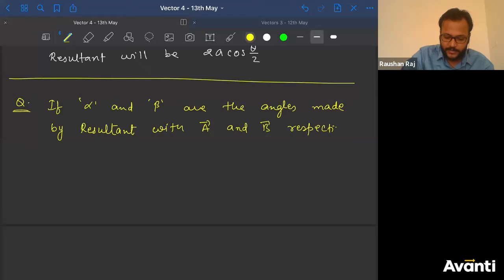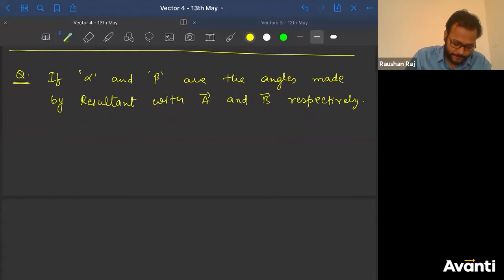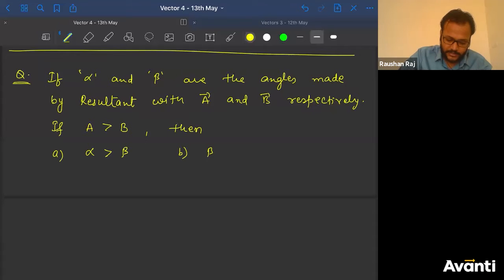So carefully, what is the first statement saying? That alpha and beta are the angles made by the resultant with vector A and vector B. Then the question is: if A is greater than B, meaning the magnitude of vector A is greater than the magnitude of vector B, then the options are: alpha is greater than beta, beta is greater than alpha, alpha is equal to beta.